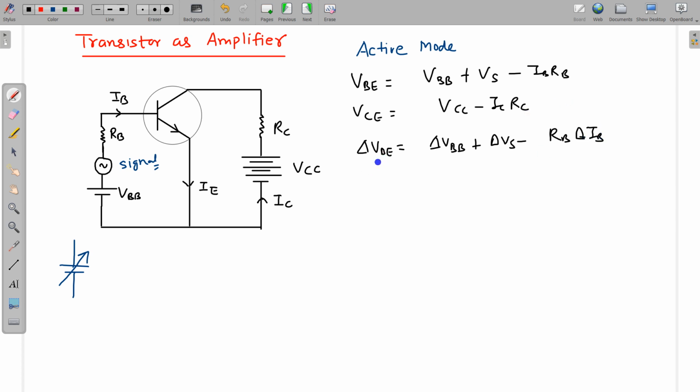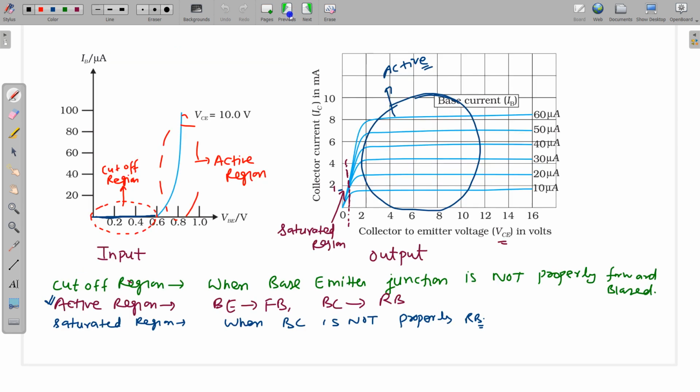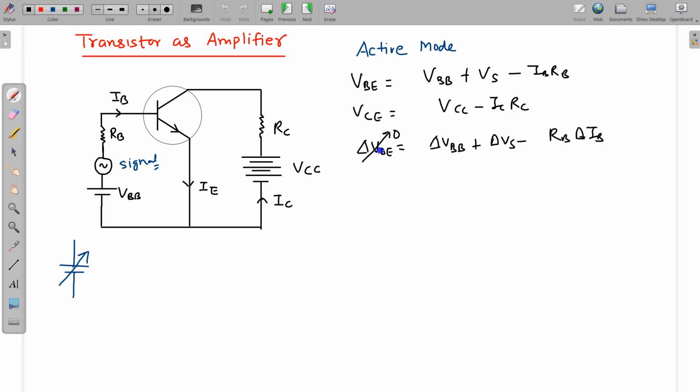Delta VBE we can put equal to 0. And how is this 0? Let us go to our transistor characteristic curves. You can see this is the input characteristic curve, and VBE is nearly constant. VBE is not changing in the active region, so in the active region VBE is constant, and there is no fluctuation in VBE.